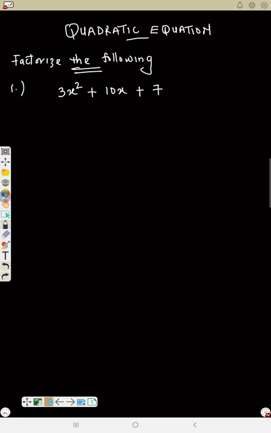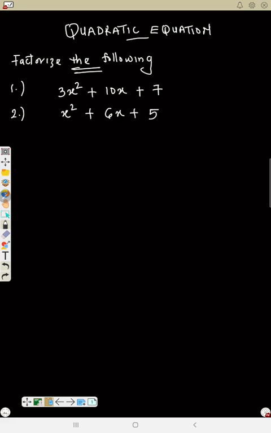There is no equals 0, I said factorize. Number 2, s squared plus 6s plus 5. I can change the alphabet from s to any other letter, but I focus on s first. In my next video, I'll combine everything together and solve, since we have the concepts here.